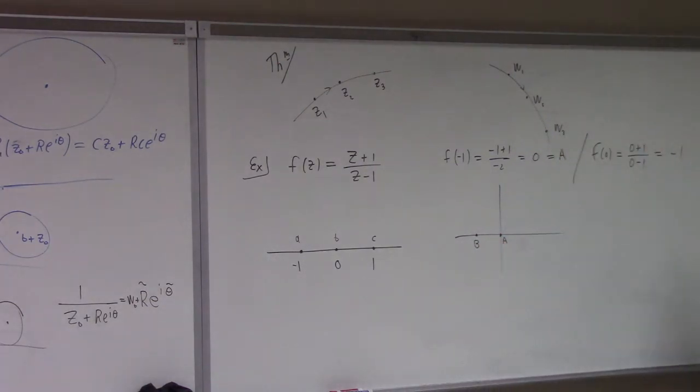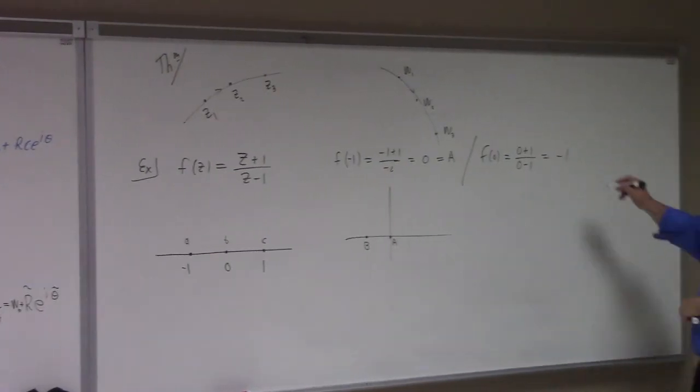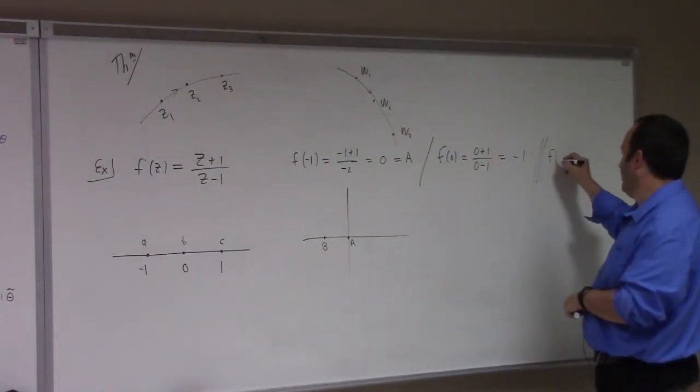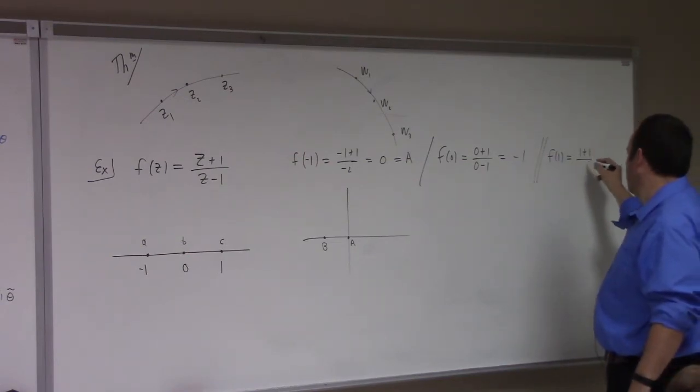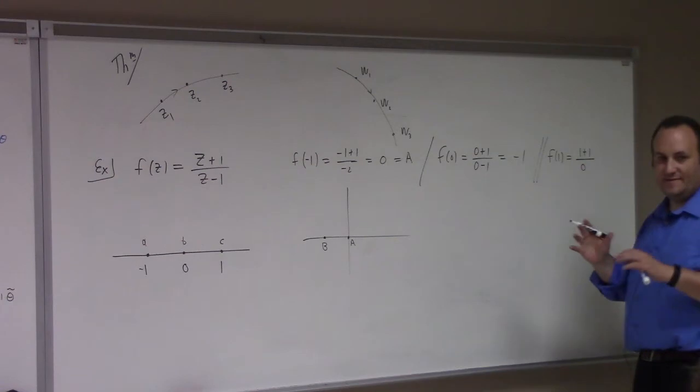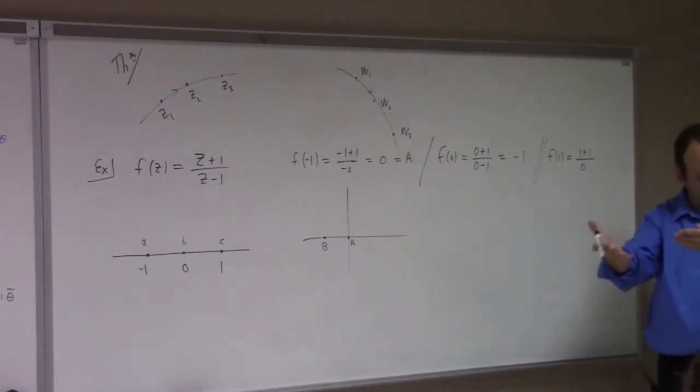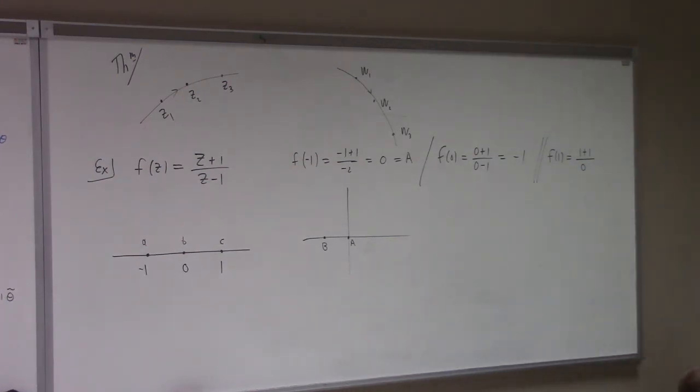You've got to call me out if I did something wrong here. I think we're okay. What happens when we plug in 1? 1 plus 1 over 0. In the extended complex plane, which I haven't completely defined for you, we do all the things you have been yelled at for doing in your calculus class.